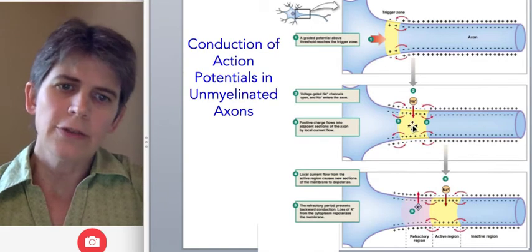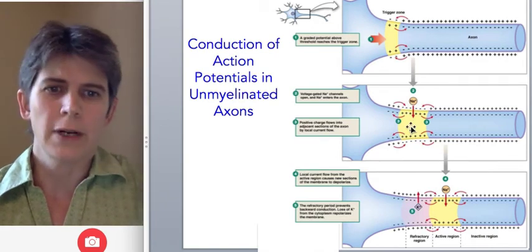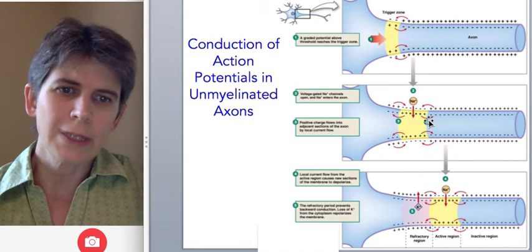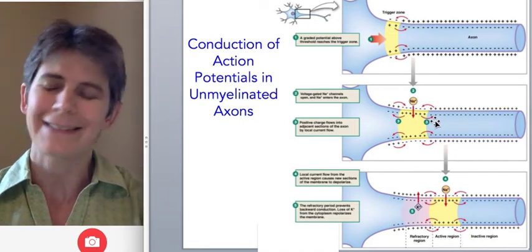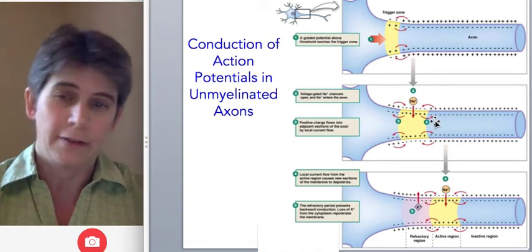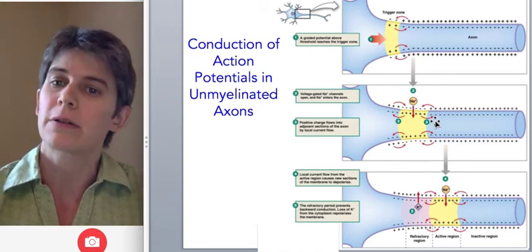But the sodium that happens to drift downstream or in an anterograde direction is going to, by definition, carry positive charge to that next segment of the axon. These ions are positively charged.